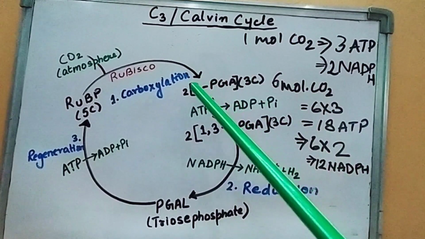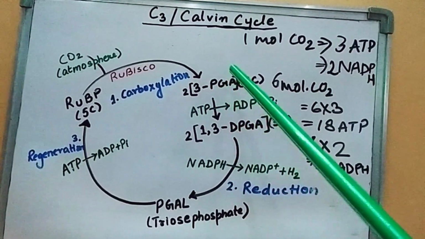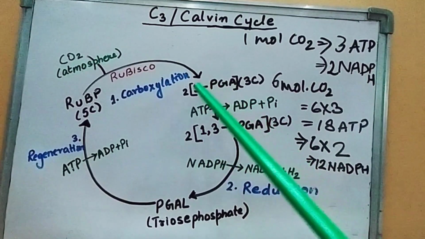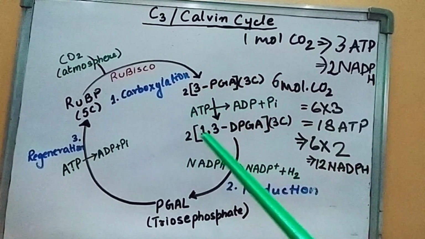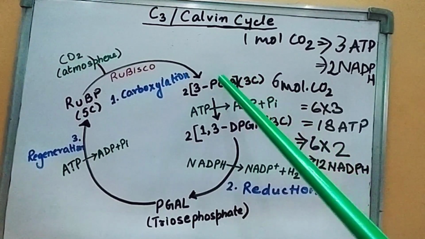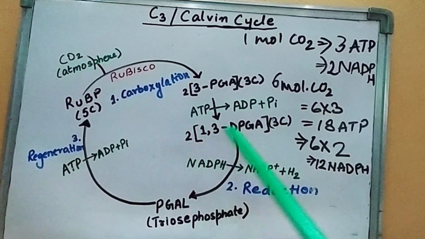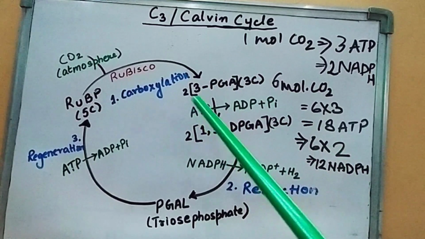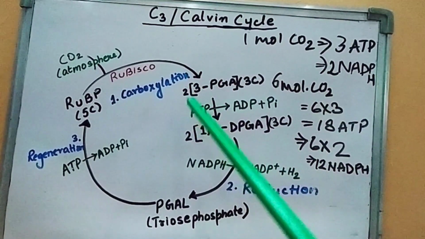Now in carboxylation and from carboxylation to reduction, 2 molecules of PGA will produce 2 molecules of DPGA. While in this process, inorganic phosphate would be added to PGA. So how many phosphates would be added? 2, because there were 2 molecules of DPGA. So total how many ATP molecules were used here?